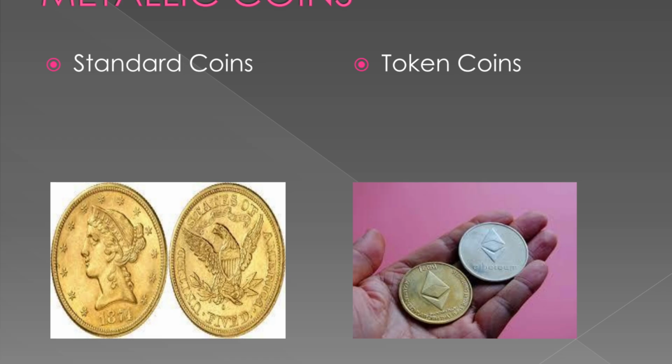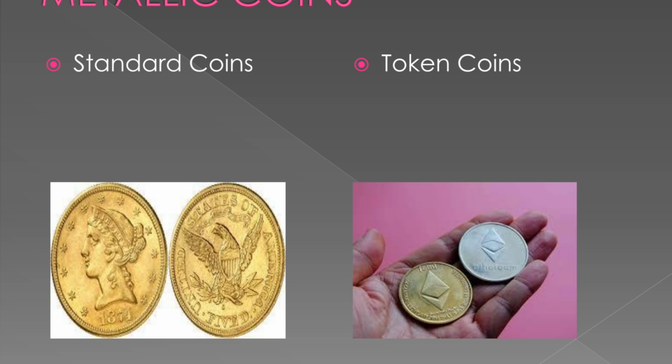For example, a 5 rupees coin is made of metal that is worth 5 rupees. Then it is a standard coin. Standard coins were used in the British period.